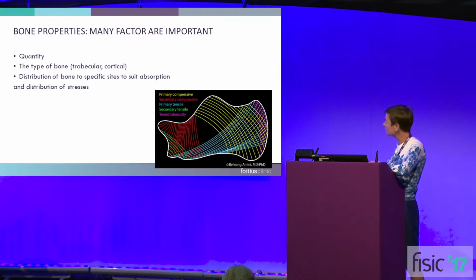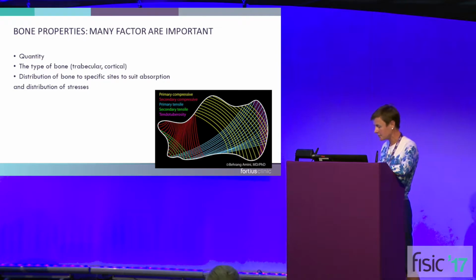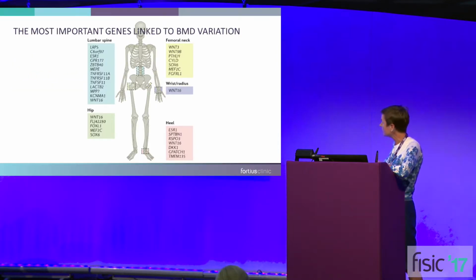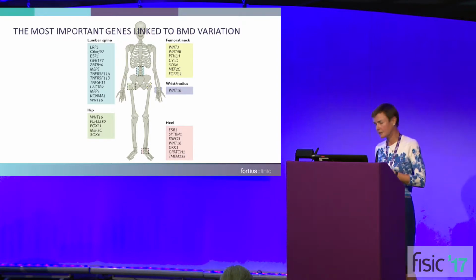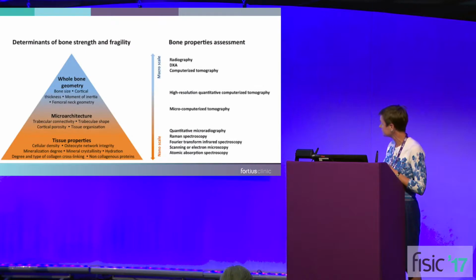There are lots of other things that we recognize might affect an individual's bone resilience. The type of bone present within that particular bone, the distribution of the bone across specific sites, and as I've said, the geometry of the bone. And some of these, the distribution of your bone density is actually genetically determined, but different genes seem to modulate different places at which you will build more bone density, which is interesting and still needs to be teased out.